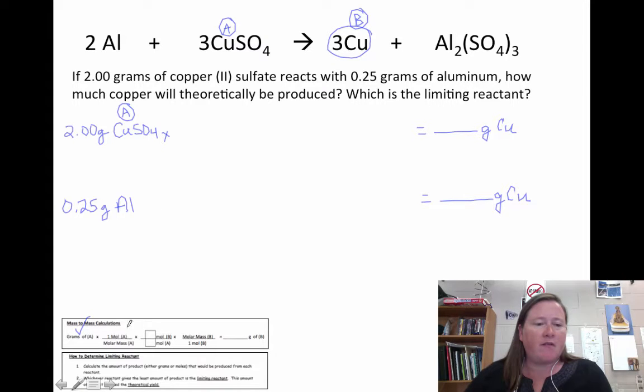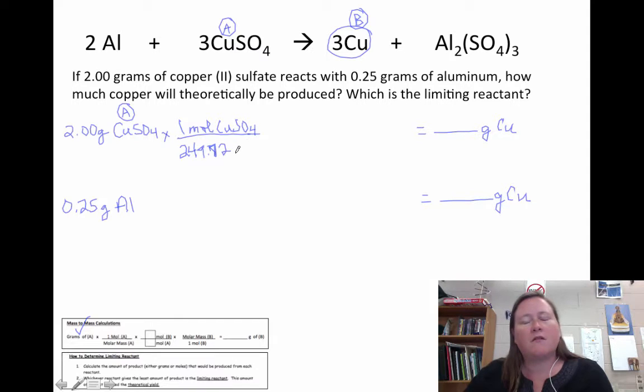So I've got my grams of A written down. The next step, 1 mole of the copper sulfate. Remember, with this molar mass, I have to include the extra water. So that was 249.72 grams. And next is my mole-to-mole ratio.